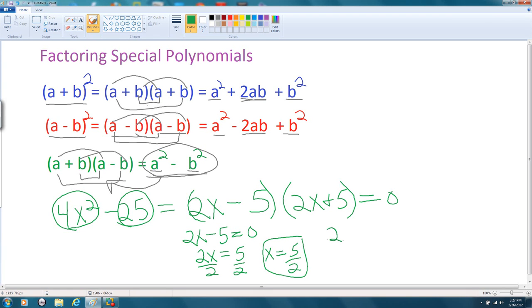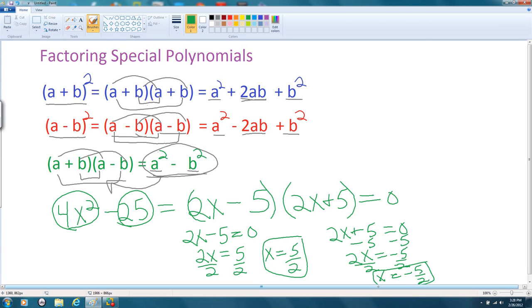The other solution is 2x plus 5 is equal to 0. Subtract 5 from both sides, I get negative 5. So I get 2x is equal to negative 5. Divide each side by 2, and so I get x is equal to negative 5 halves. And that's my other solution.